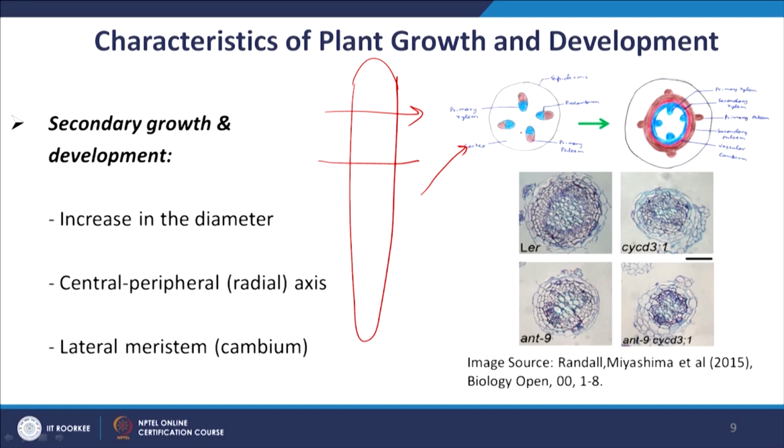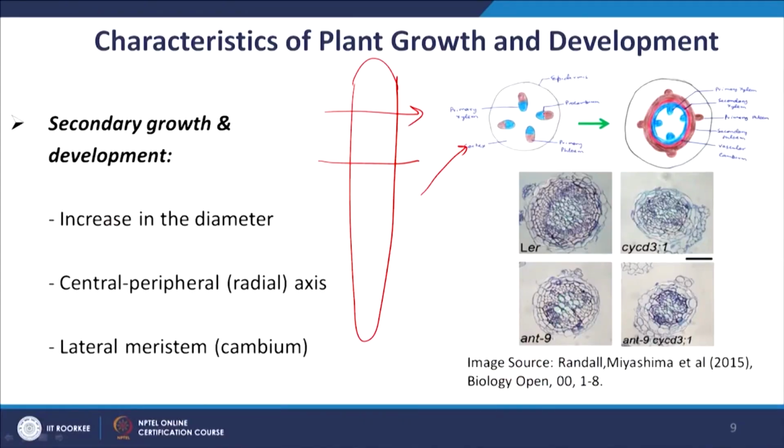But what happens when a decision is taken that the plant should now enter the process of secondary growth? Typically this happens when primary growth is achieved significantly, so that the plant can sustain secondary growth.